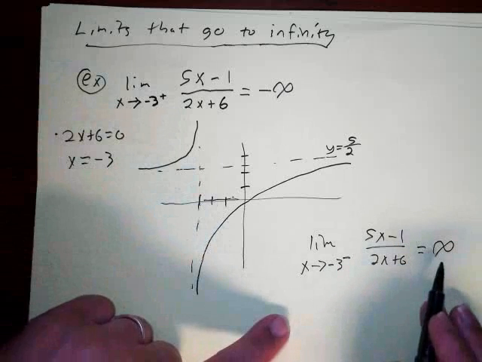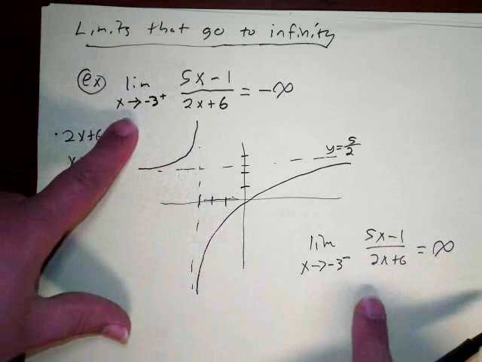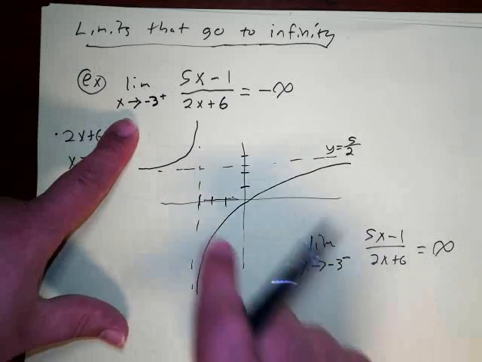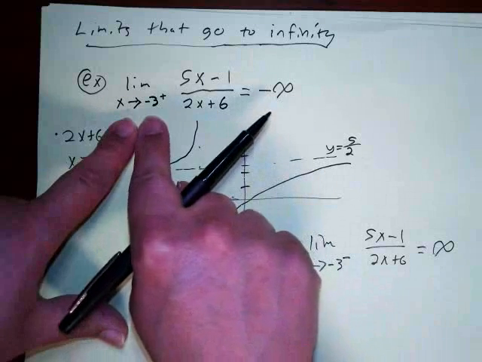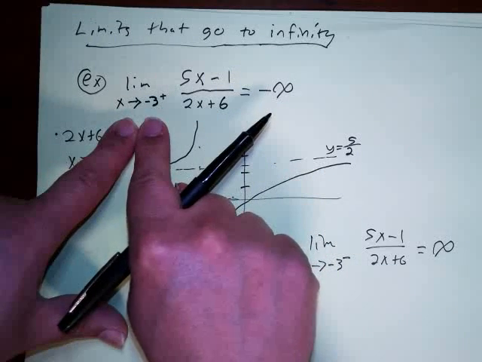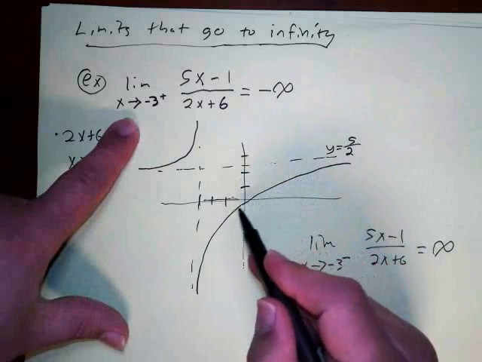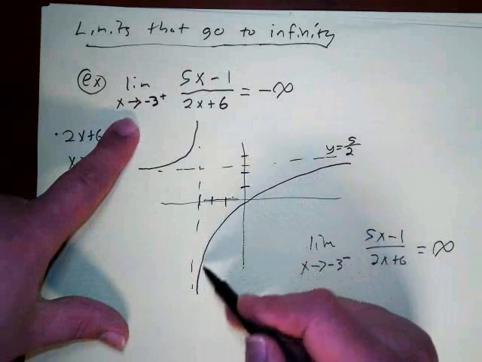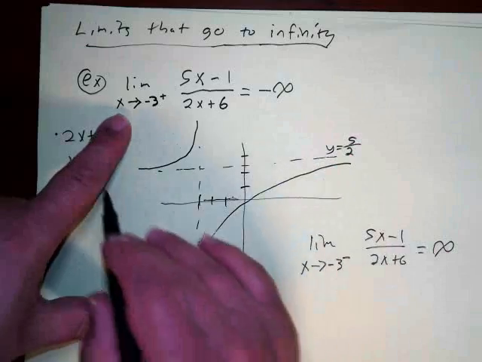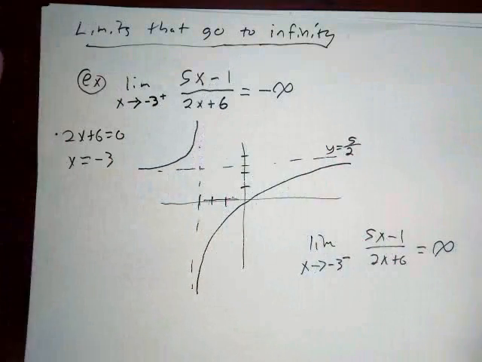And so these one-sided limits would exist. As you approach -3 from the positive side, you go to -infinity. As you approach from the negative side, you go to positive infinity.